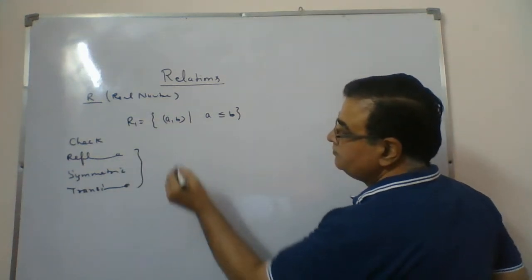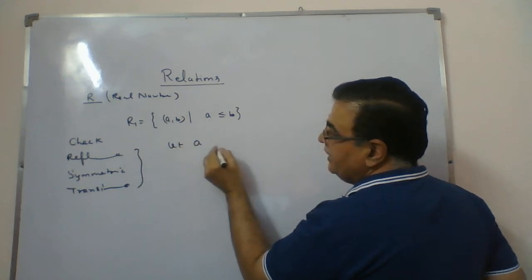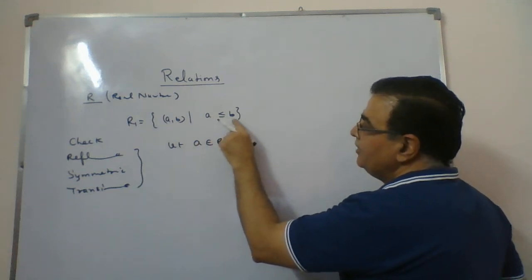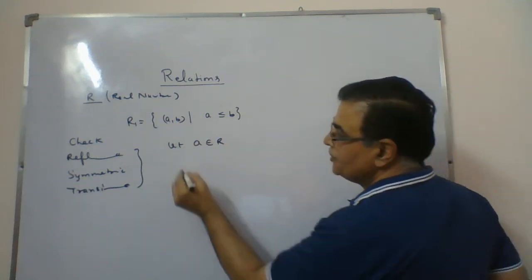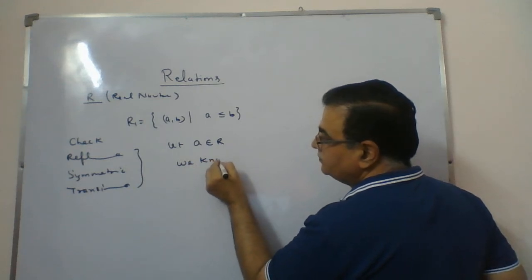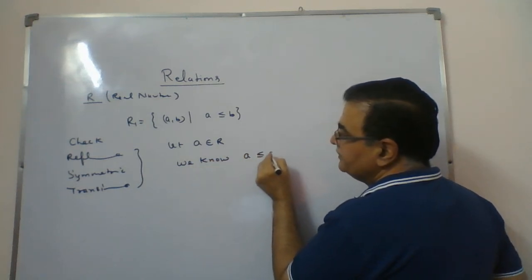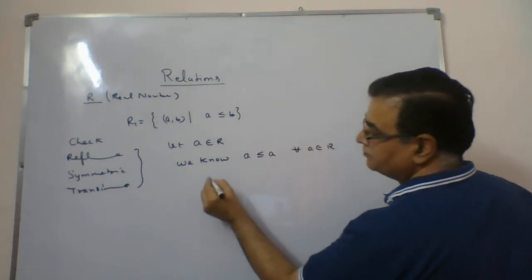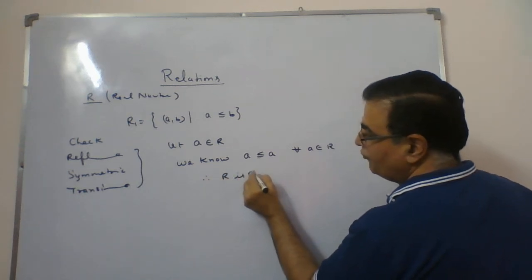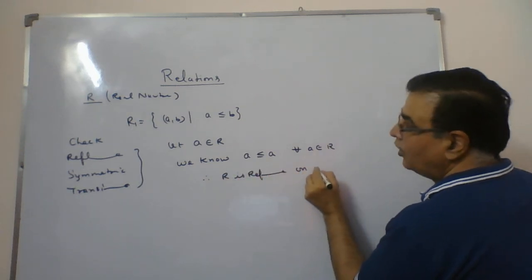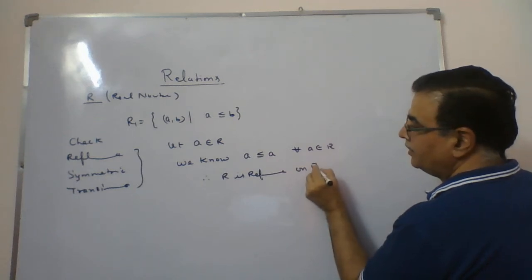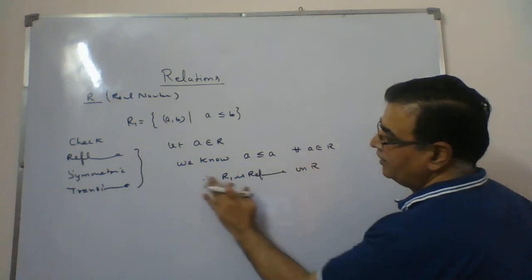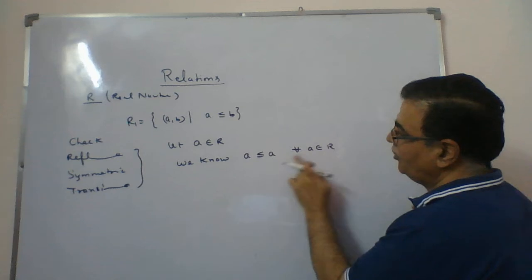First thing, let A belongs to R, the real number set. Every A will be less than or equal to A, nothing wrong in it. So we should say we know A is always less than or equal to A. This is valid for all A belongs to R. Therefore, R1 is reflexive on R. So we should say A less than or equal to A, one step was also missing here.